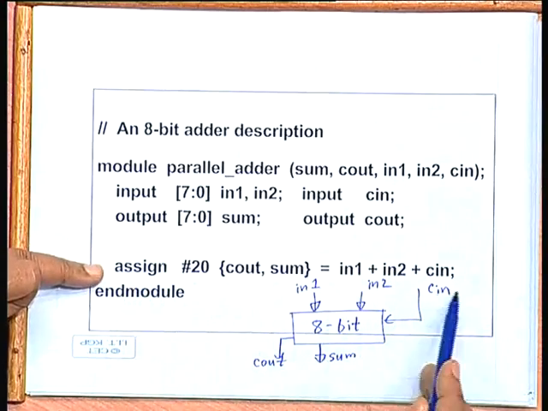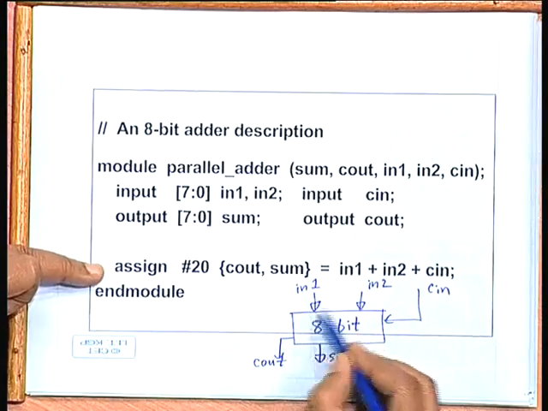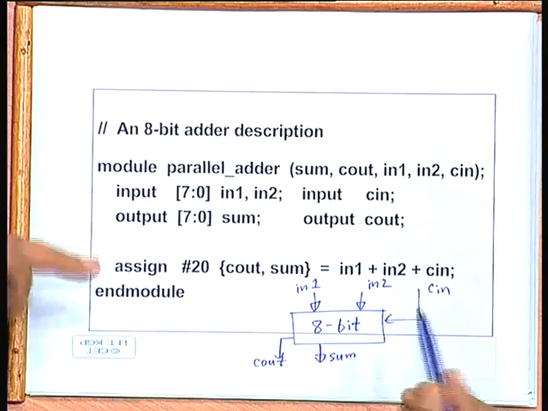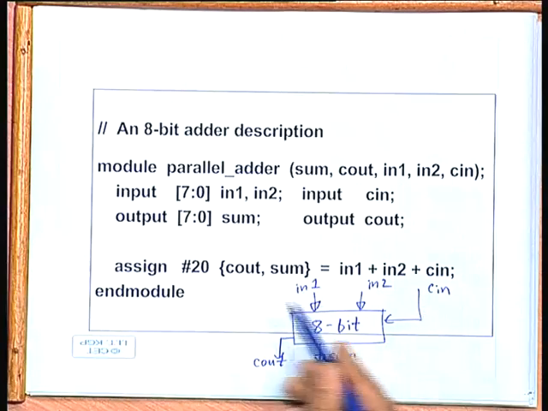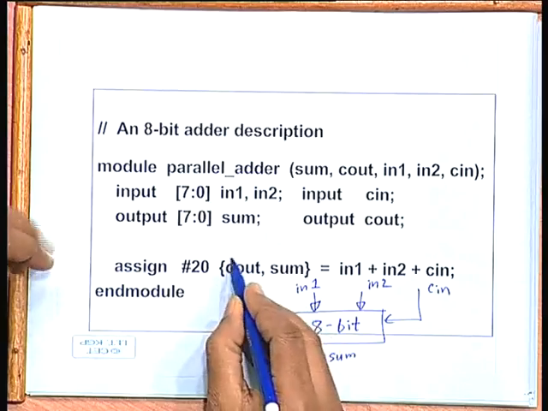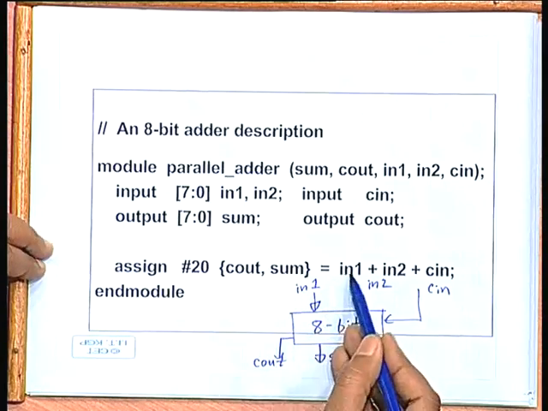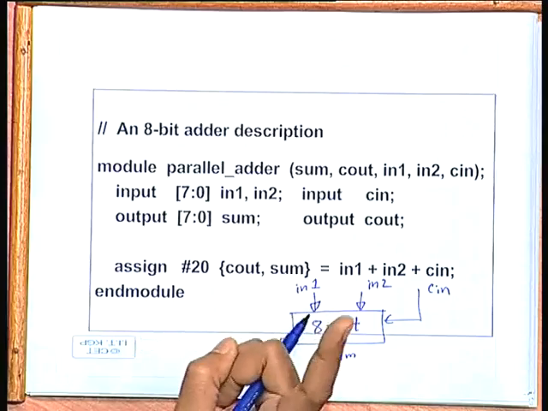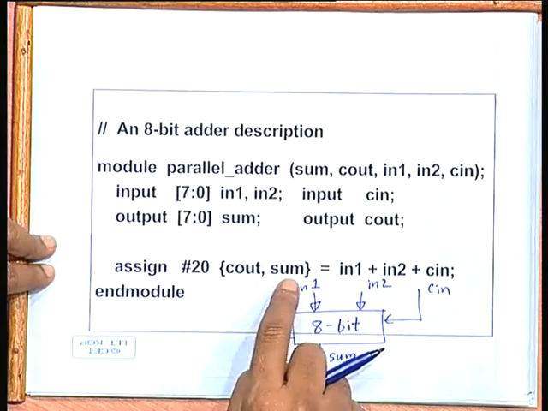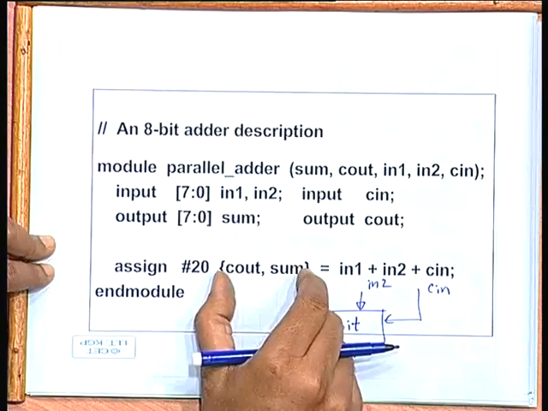Now, you look at this line, in 1 plus in 2 plus carry in, this will be the result. Result will go where? Result will go into the concatenation of C out and sum. So, even while assigning I can specify concatenation. This will be an 8 plus 1 9-bit quantity.